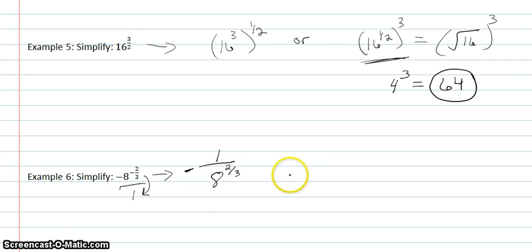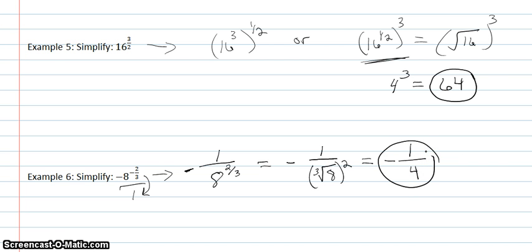And then I'm going to split this up, so that is negative 1 over the cube root of 8, and then I'm going to say that squared. And this is the easier way to do without a calculator, because the cube root of 8 is 2, and then 2 squared is 4. So it's negative 1 over 4, so it's negative 1/4.